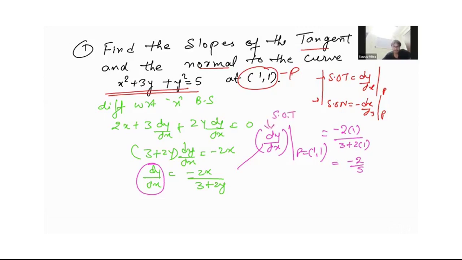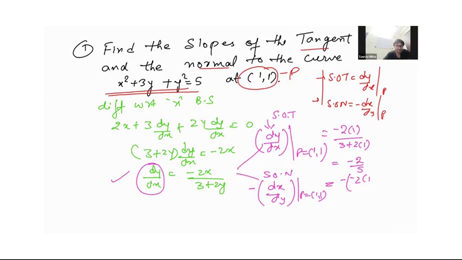Now we will find the slope of normal, and slope of normal will be your dx by dy, with negative sign. So at P equals (1, 1), we will write this expression in reciprocal form with negative sign. So it is your minus 2 at x equals 1 and y equals 1.